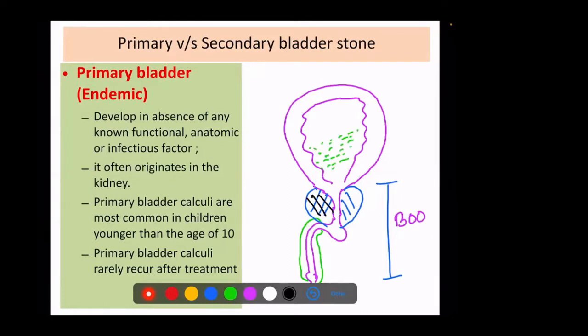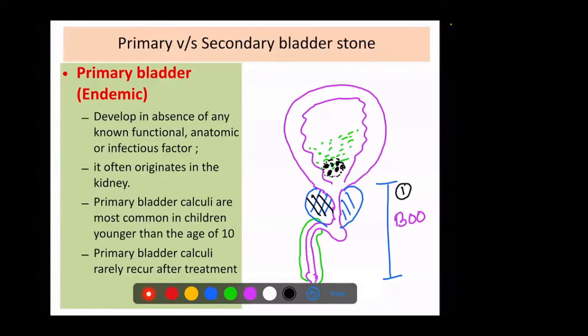And as you know, urine already has these stone-forming agents like oxalate, calcium, urate, everything is there. But if the urine does not flow, then these crystals start to precipitate and form stone. So whenever there is stasis, there is a chance of stone formation. So this is one cause of secondary bladder stone.